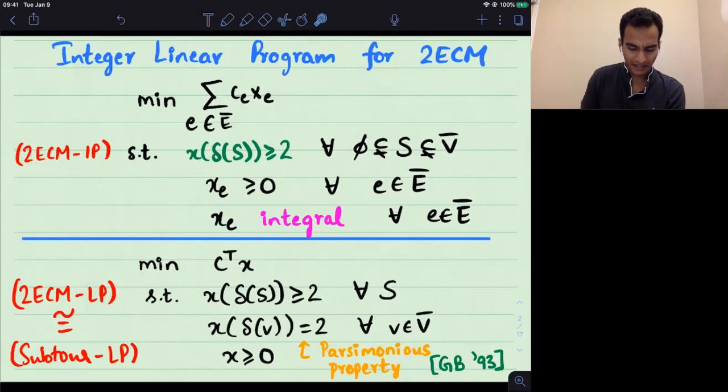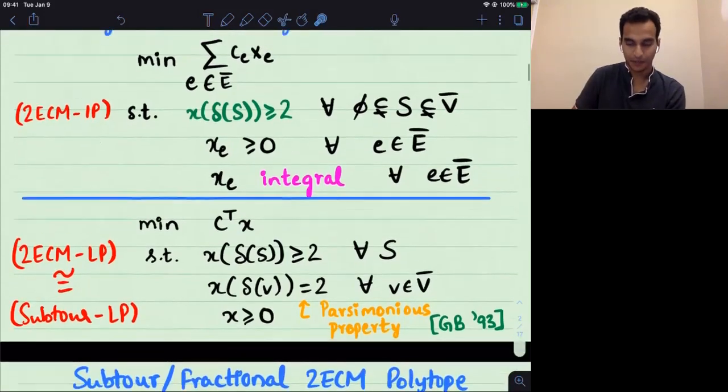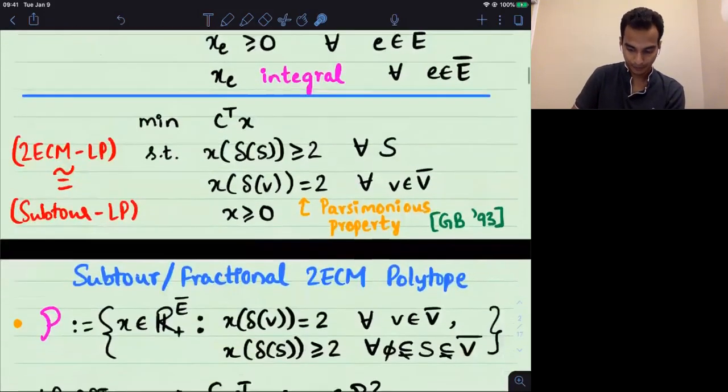Observe that adding fractional degree constraints turns this LP into a very well-known LP called the subtour LP for TSP. This is the reason why I said before that TSP and 2ECM are closely related. From here on, I'll use 2ECM LP and subtour LP interchangeably.